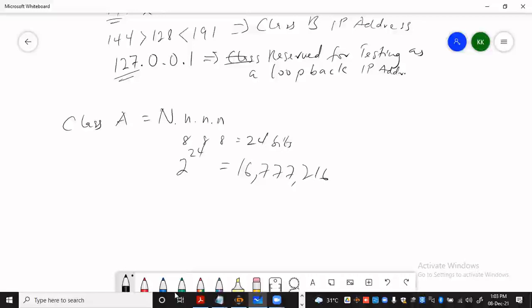That's how many IP addresses you can assign, which means that if you're dealing with millions of devices connected to your network, ideally you should go with class A IP addresses.